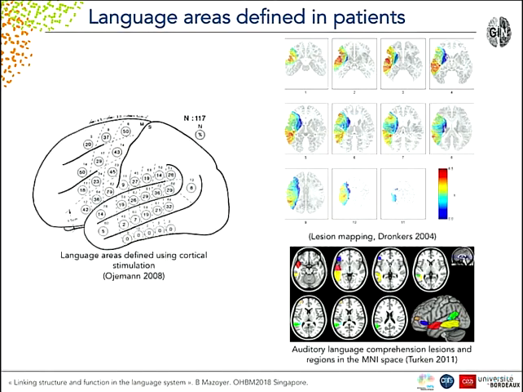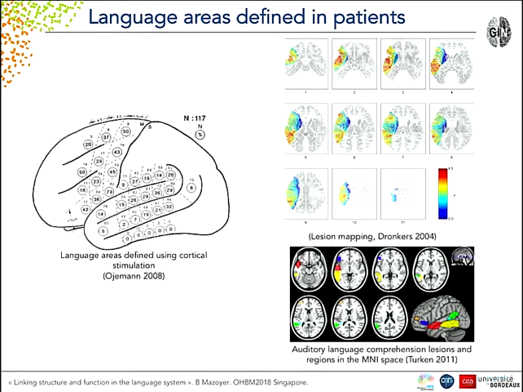Now, we've been progressing in understanding how language is implemented in the brain through two different ways in patients. First was the work by Penfield. We did electrical cortical stimulation of awake patients, stimulating until we observed a stop in the function. Basically, in open skull surgery, you introduce an electrode and stimulate the cortex in different places, and every time you find a place where you stop the function, you say, this is a site of language.